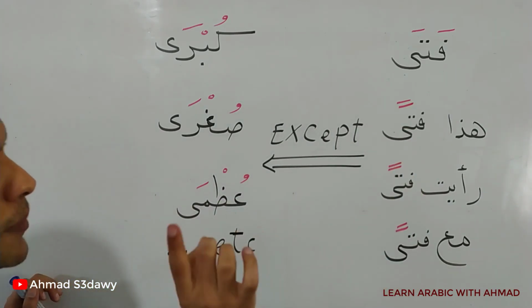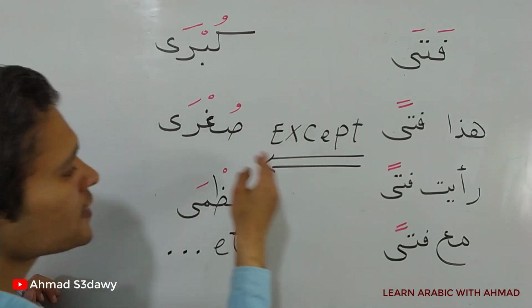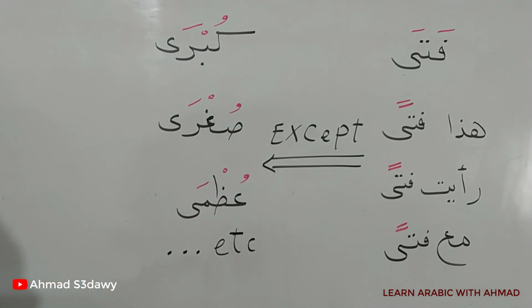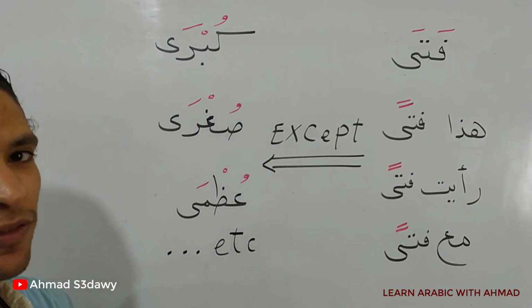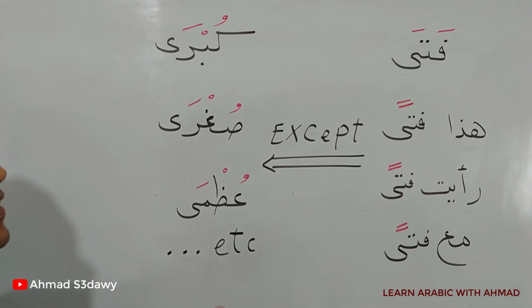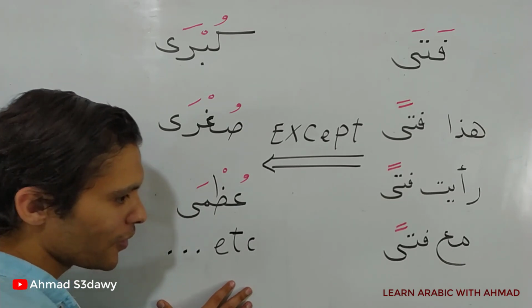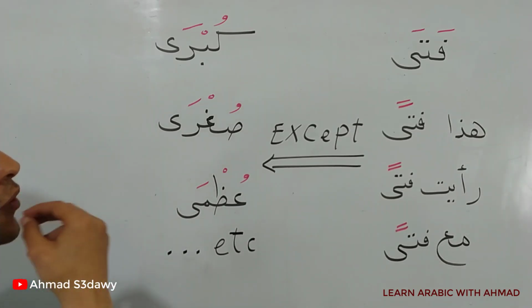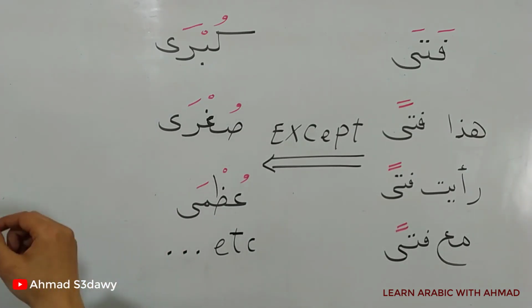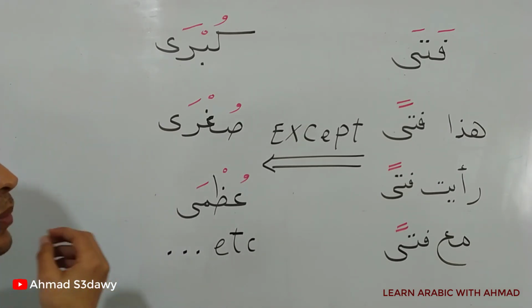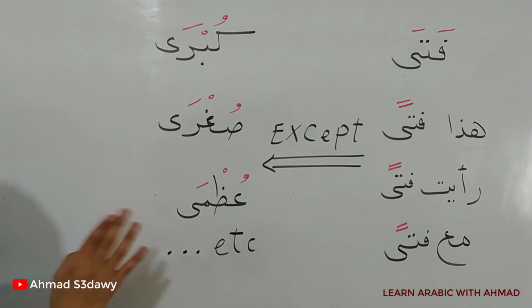Yes, but there is an exception. Except some words, we call them ممنوع من الصرف. It is a higher level of Arabic. I'm not gonna go into details now about this lesson, but for now I want you to know that there are some words called ممنوع من الصرف, and you can never ever use tanween with these words.